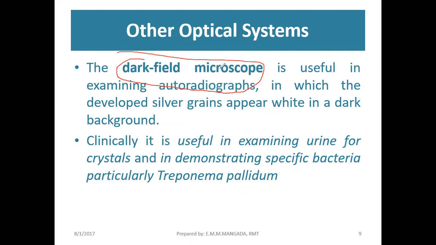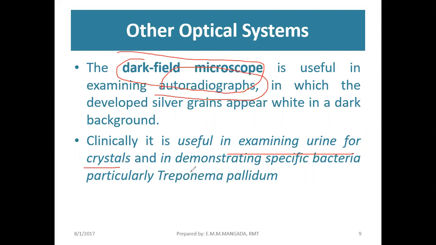So the dark field microscope is usually useful for examining autoradiographs. Other than that, it is used in examining urine for crystals. Later you will see the image of crystals we viewed in the urine. Those are cystine crystals viewed under your dark field.